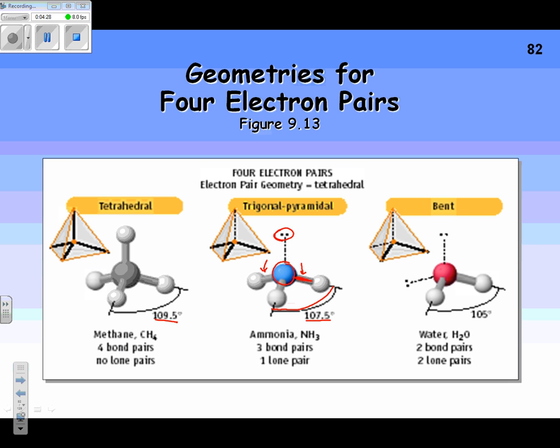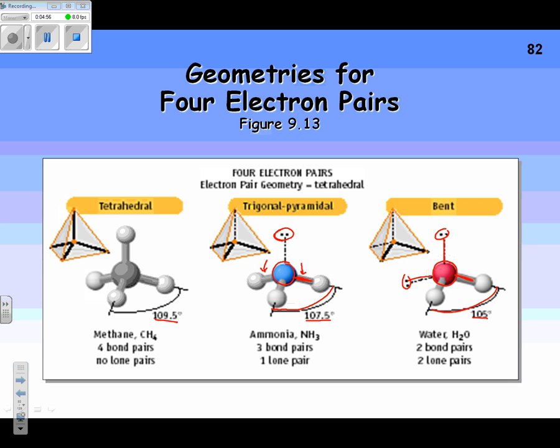If we have 2 unshared pairs, like water, again, these unshared pairs are only attracted to the nucleus of one atom, so they take up more space than the bonding pairs, and it forces the bonding pairs closer together. The bond angle of water, which is a bent structure, is 105 or 104.9.